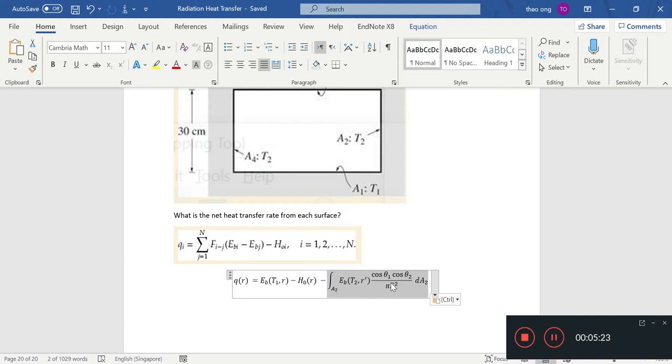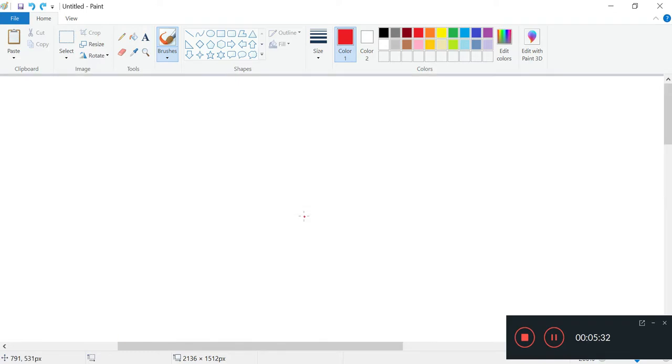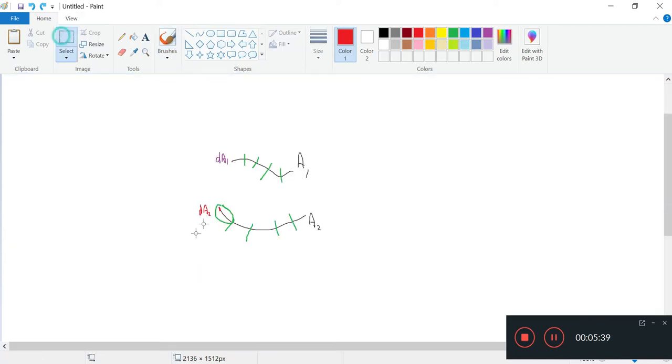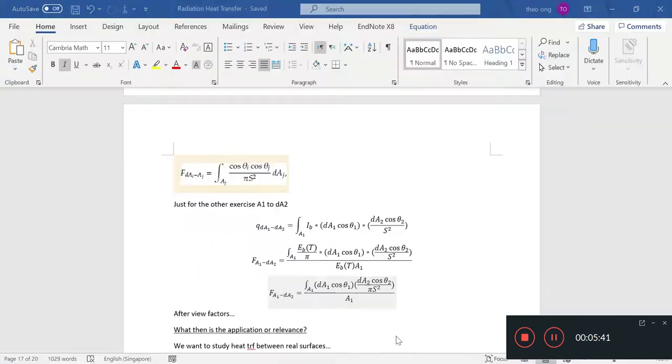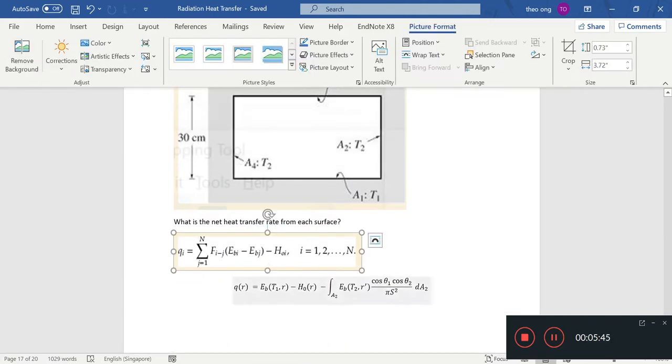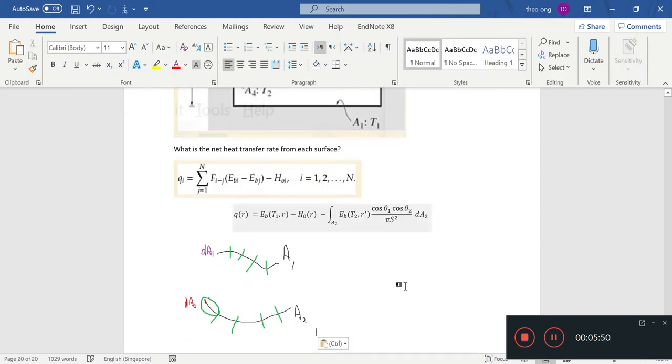So what is useful is to so-called break the surface up, as it was described in the last video, and then we work from there. That's how we get this summation sign instead of an integration sign.